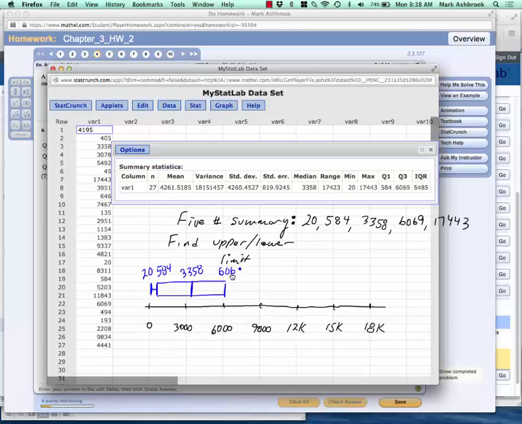And what did you get for the upper limit? Nice and loud. Oh, 14,000? Something like this. So again, here this adjacent value is going to be the min, but this adjacent value ended up being the upper limit.